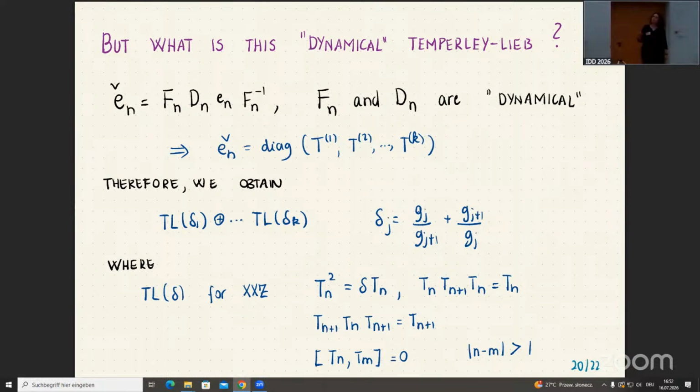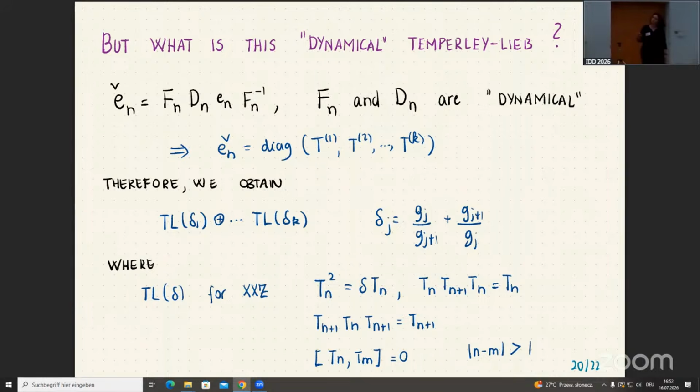But if you do this twist, something very nice happens, which is you can write this twisted object like this, where each of these t is the standard Temperley-Lieb generator, the standard Temperley-Lieb algebra that we saw in the XXZ, but each of them with a different coefficient. Sorry that I changed it to t here, we are calling both of them the e's.